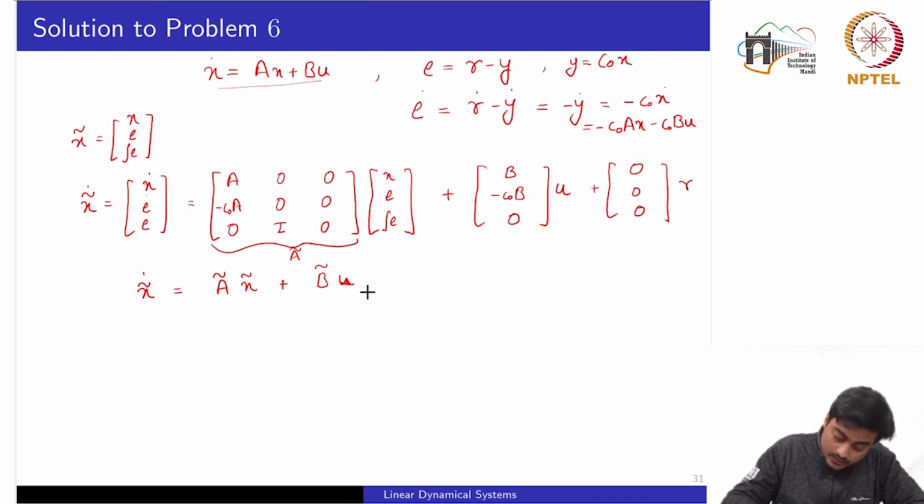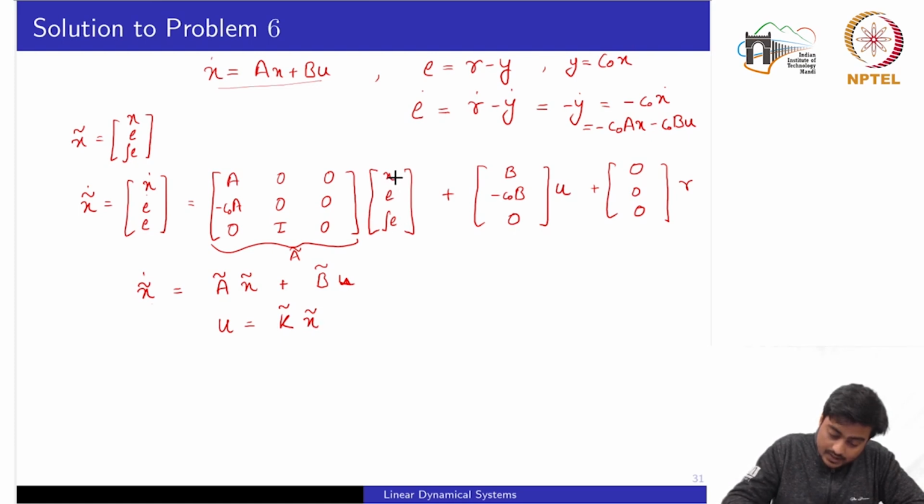Now using this new state space equation, I have access to x tilde, and I can design my state feedback matrix as this one. The dimension of this x tilde would depend on x, e, and the integral of e.